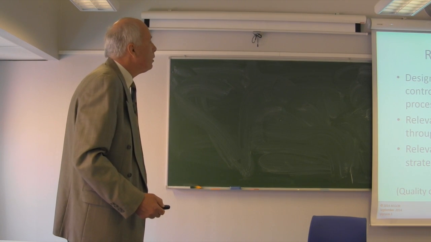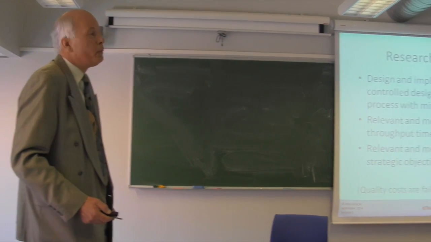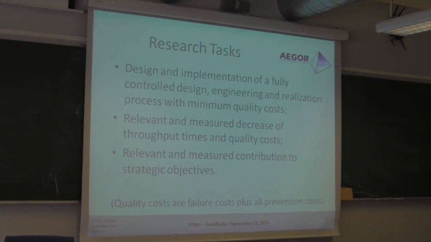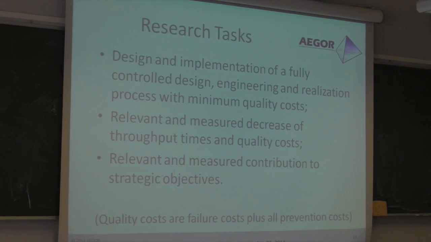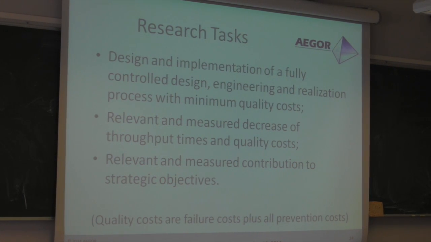Okay, the research I'm doing is the design and implementation of a fully controlled design engineering process, and its realization at minimum quality cost. Very important are measurements. I think you need to measure at least the degrees of throughput time and the degrees of quality cost.